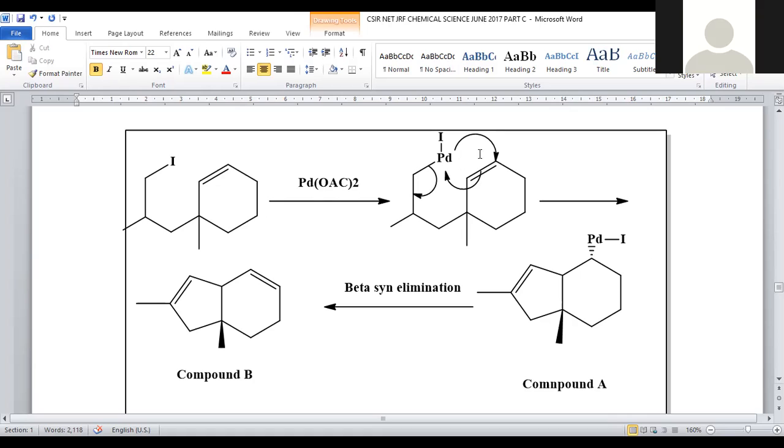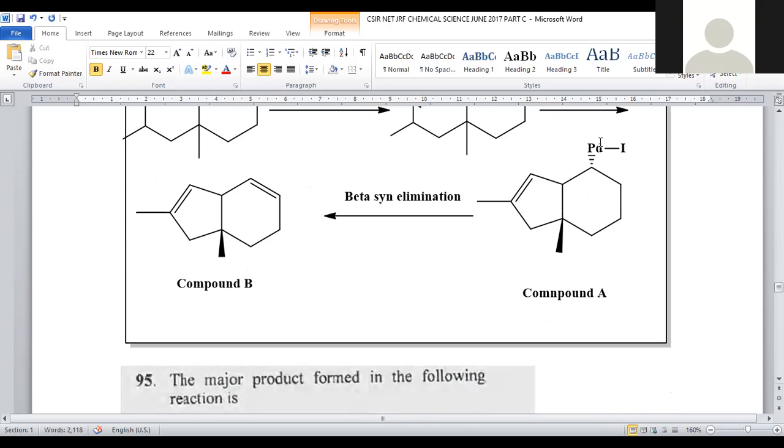Being a bulky group, palladium and another substituent present upon this are all regarded as bulky groups. Hence, attachment takes place from the back end. So palladium iodide will be attached from the back end. That will be the compound A.